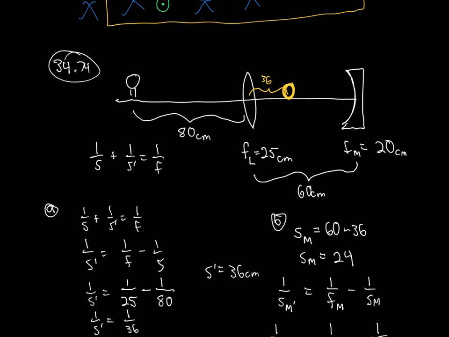Where is this thing? I got a positive 130. Am I on the left side of the mirror, the front side of the mirror, or the back side of the mirror? Front side. Why the front side? It's positive. If it was negative, I would be on the back side.